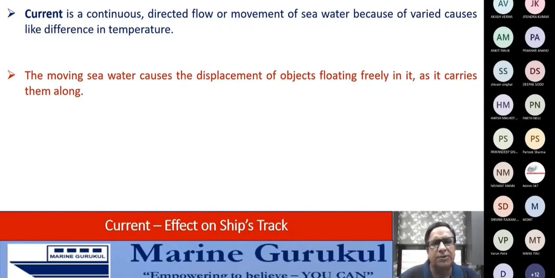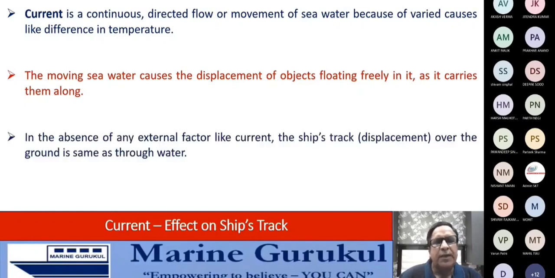So the floating objects, which are freely floating in water, would be carried with the water as the water flows because of the current. In the absence of any external factor like current, ship's track or displacement over the ground shall be same as its displacement through water.